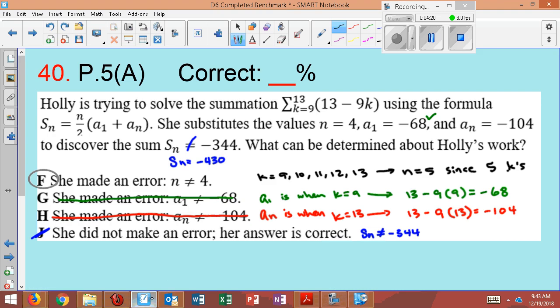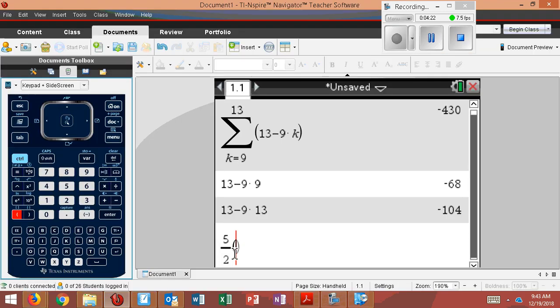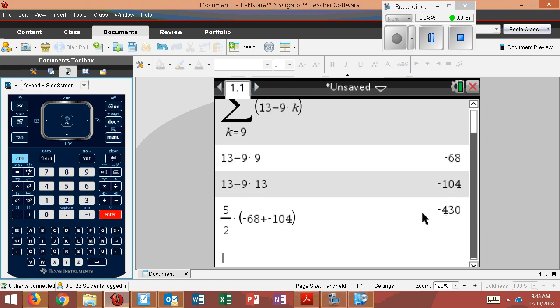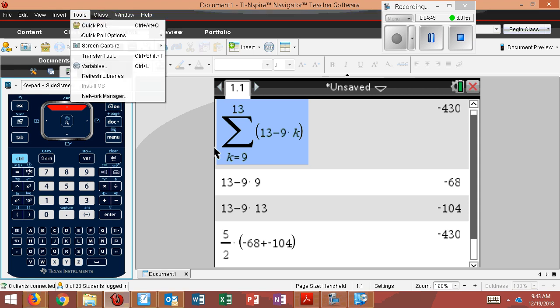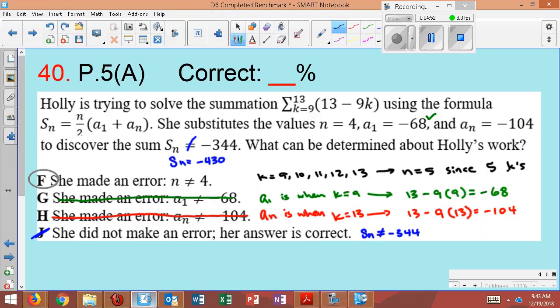A sub 1 we discovered was negative 68, and then we would plus the negative 104. You might have noticed I typed that in wrong, so let me change it. Plus negative is just minus, but I'll type it in just as it appears. Press enter, and it gives us negative 430, which is what the value should have been from the very start. So we did, in fact, do this correctly. The answer was F.